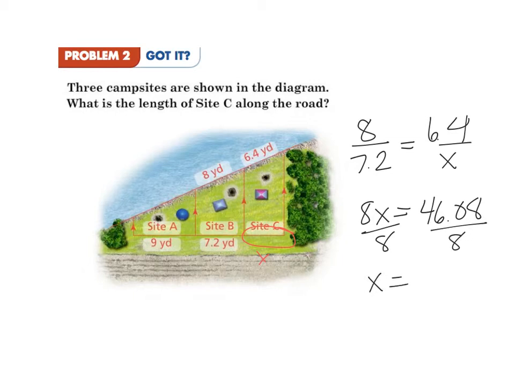So x equals 5.76. For this one, I also could have set this up 8 to 6.4 equals 7.2 to x. Again, that would give me the same answer. The most important thing to remember when setting these up is that you're consistent. So top to top, bottom to bottom.